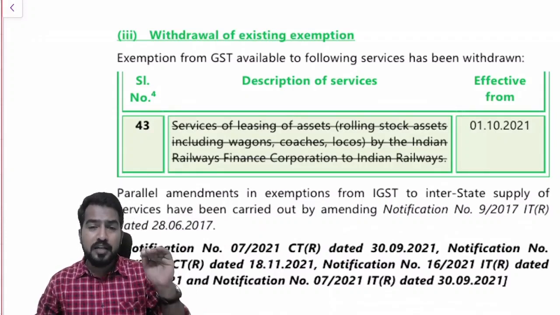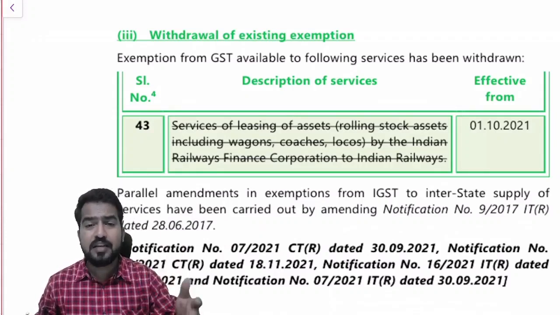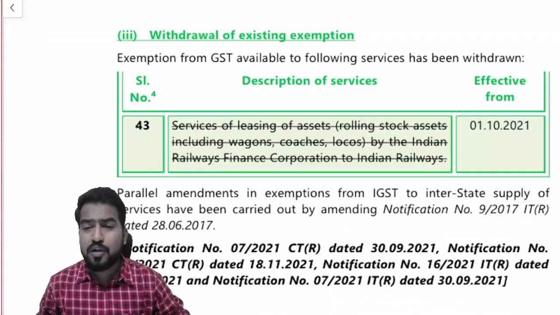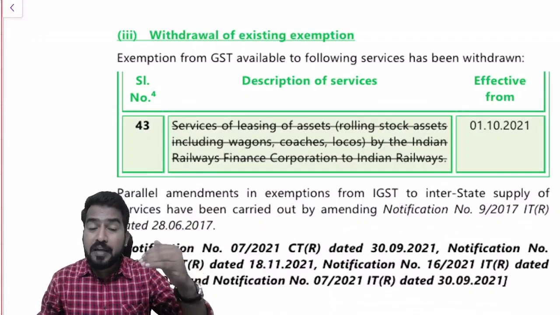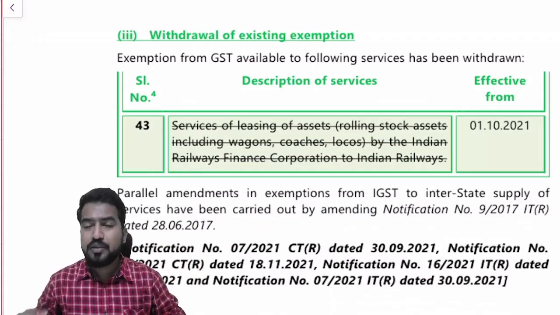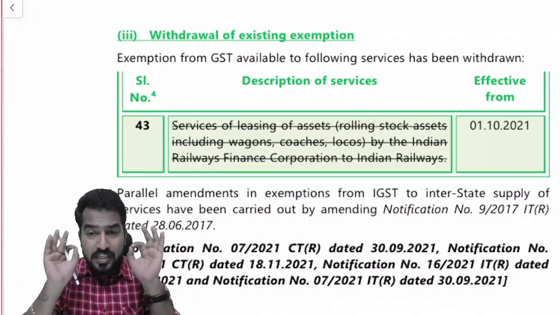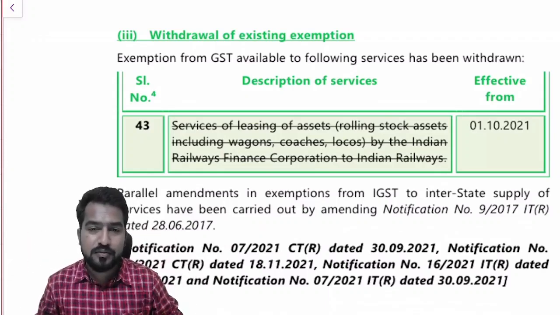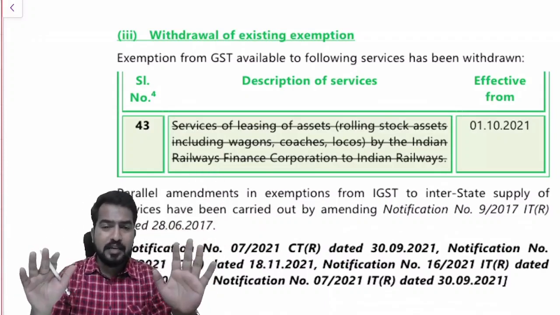Clear? So earlier, services of leasing of assets like any rolling stock assets, including wagons, coaches, locos, etc., by Indian Railway Finance Corporation to Indian Railways was exempt. Now that exemption has been withdrawn. So hope you are understanding it clearly.